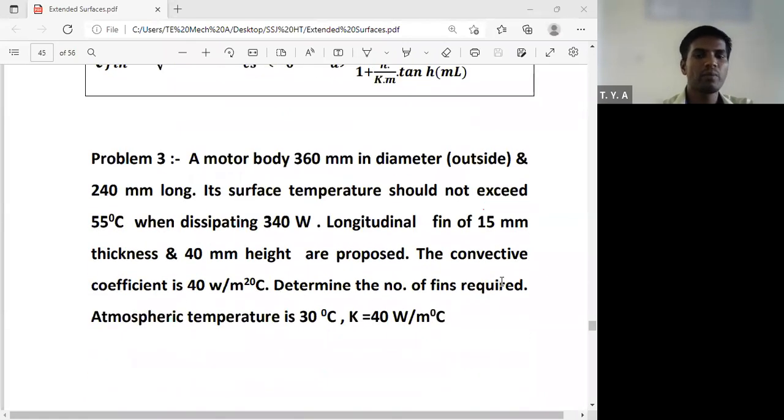Okay. इथे मेन्शन केले बघा. The convective coefficient is 40 watt per meter square. So we have to remember that if convection is mentioned, so at that time we have to use the case number 3. Okay. Because at the end heat transfer takes place due to the convection, and this is our case number 3. So whatever the equations for the case number 3, we have to use those equations and find out the values. Okay, so all of you write down this problem.